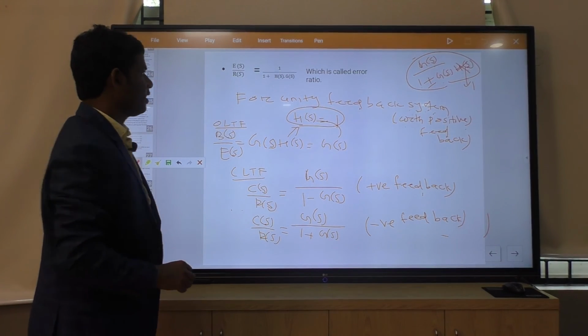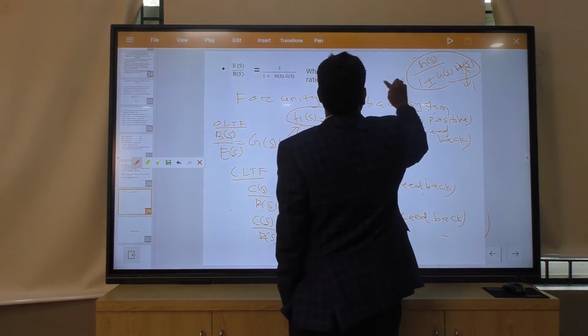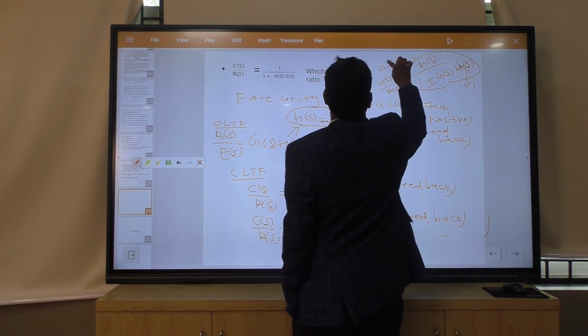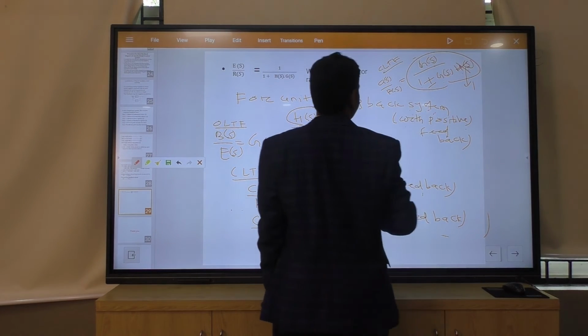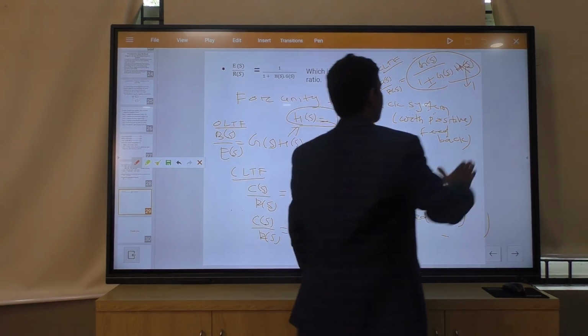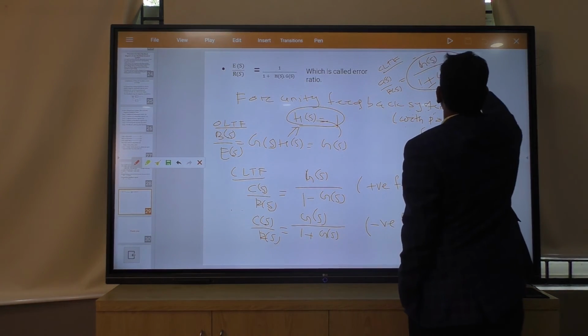So with HS value 1, this is the CS by RS. It is a closed loop transfer function for any feedback, here the feedback is HS.